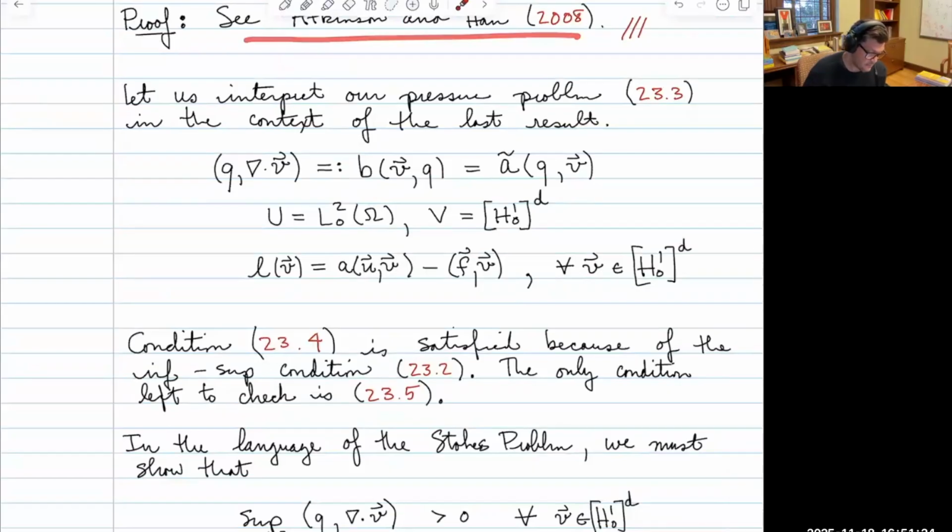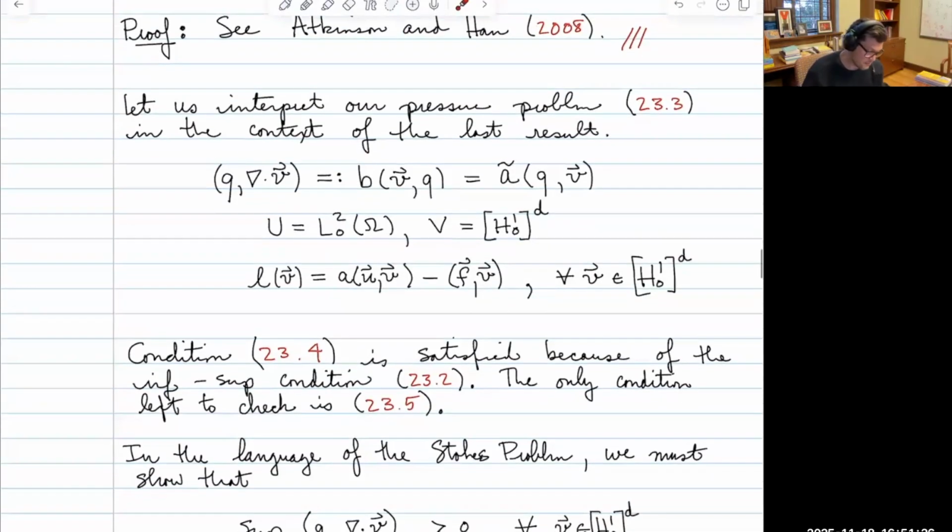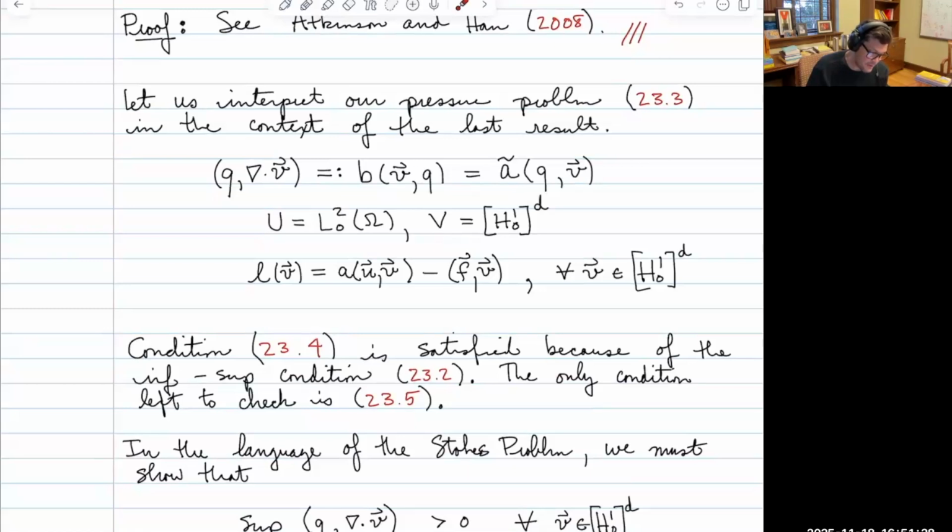So we're going to take that from Atkinson and Han, and now we're going to try to reinterpret the pressure problem from above in the language or the context of the last result. So this B function is going to play the role of the A tilde function. Now we can interchange the orders of these two.